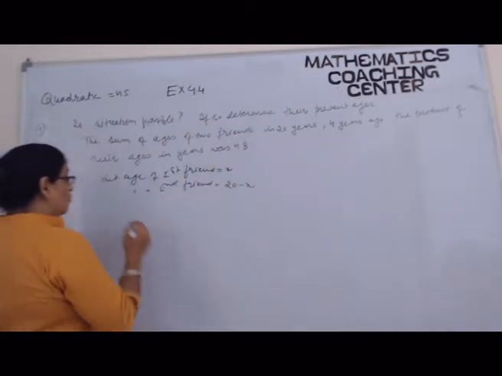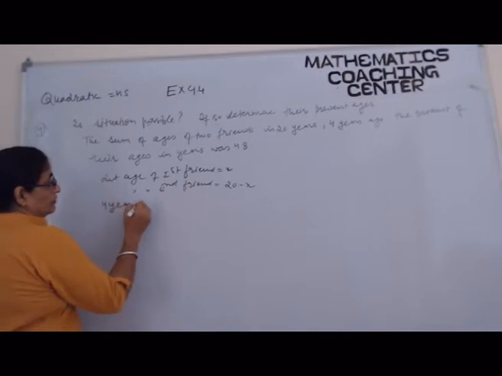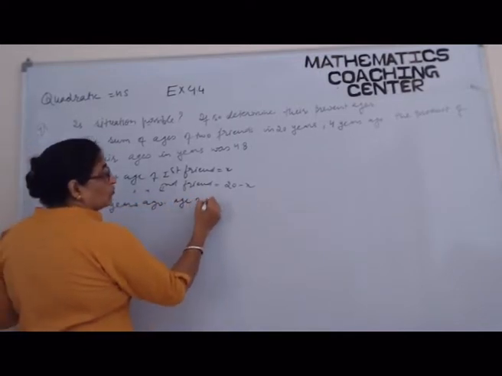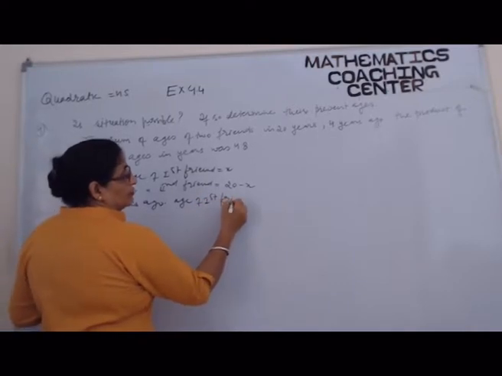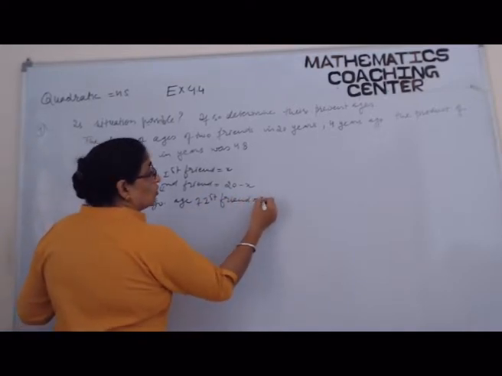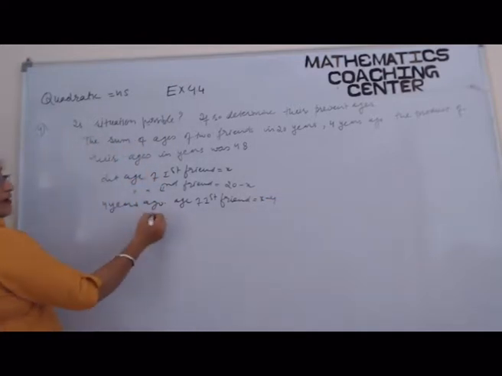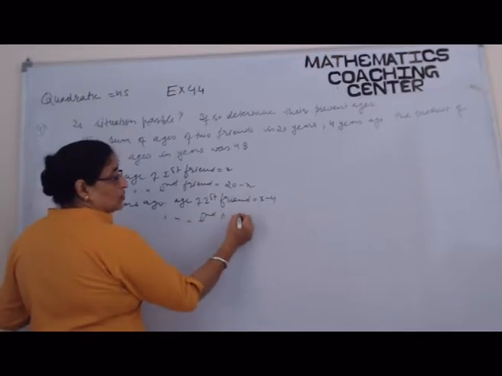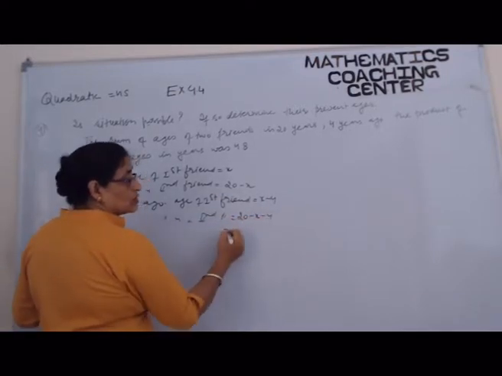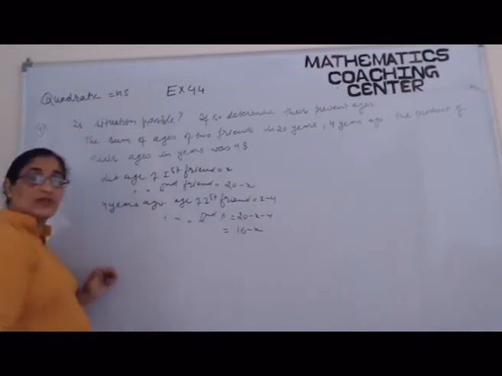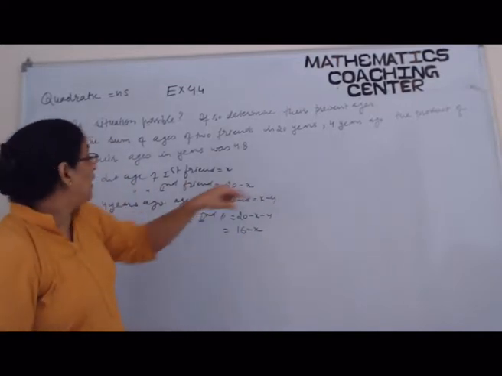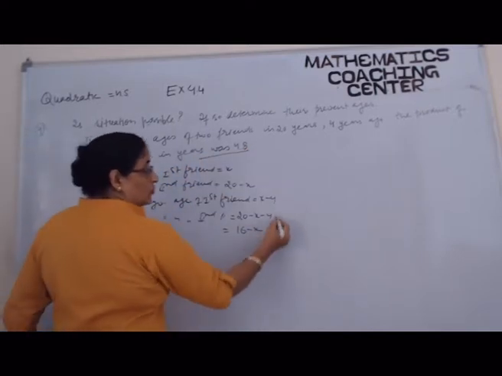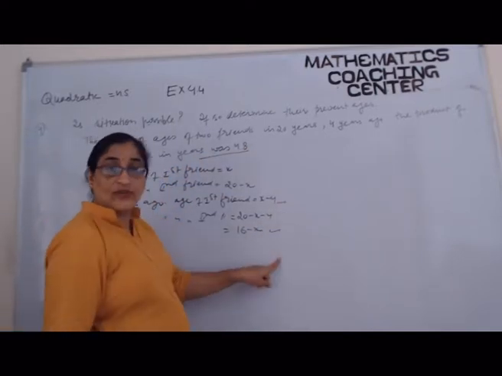So 4 years ago, the age of the first friend is x minus 4, and the age of the second friend is 20 minus x minus 4, that is equal to 16 minus x. The product of their ages in years was 48. Now the product of this is equal to 48.